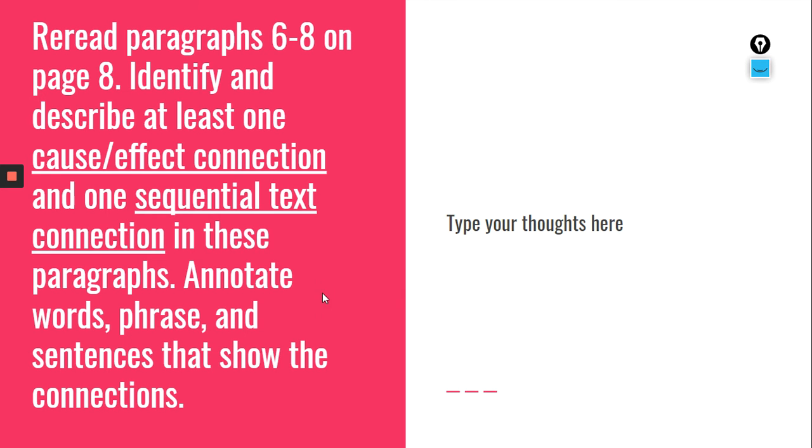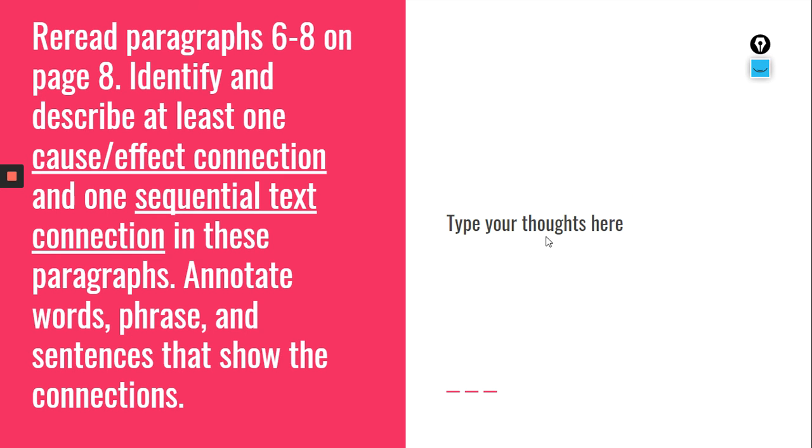So I want for you to make sure you annotate words, phrases, and sentences that show the connection. We can't really annotate in the Google slide, but I want for you to write out what words or phrases help you figure that out. So right now I want you to hit pause, and I want for you to try this on your own. Now, when you're ready and you've typed your thoughts here, make sure you do this slide in the Google slideshow.